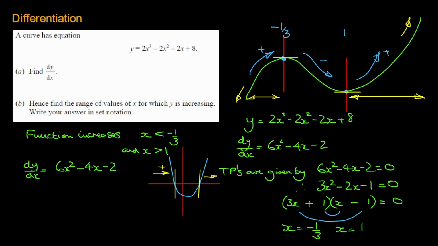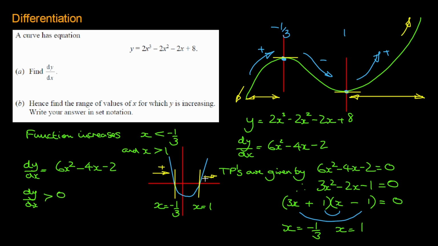And what are those points? Well, they're the roots of the equation we've just worked out. This is x equals negative a third, and this is x equals 1. What we're really asking is when dy/dx is greater than 0.